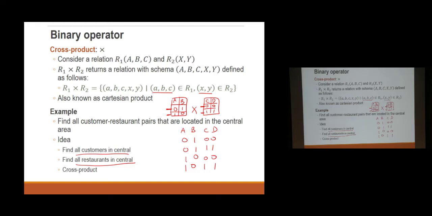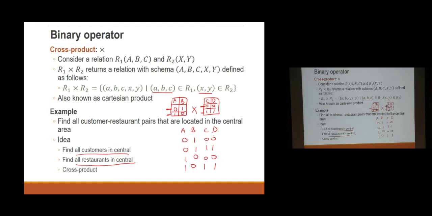That's one thing that you can do. The other thing that you can also do is you can do the cross product first, and then select that the customer is in central and the restaurant is in central. Okay, whichever one that you feel is more reasonable.